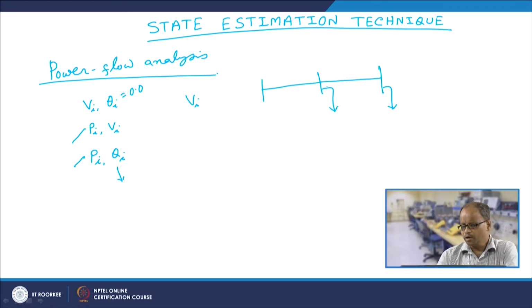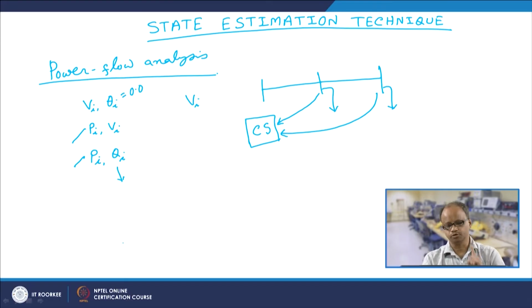Now, if I put a meter, and even if I assume that I do have a communication backbone to transfer these measured values to some control center here, we say that this is the control center. We do have a communication channel from here to here and from here to here to transfer these measured values to the control center.